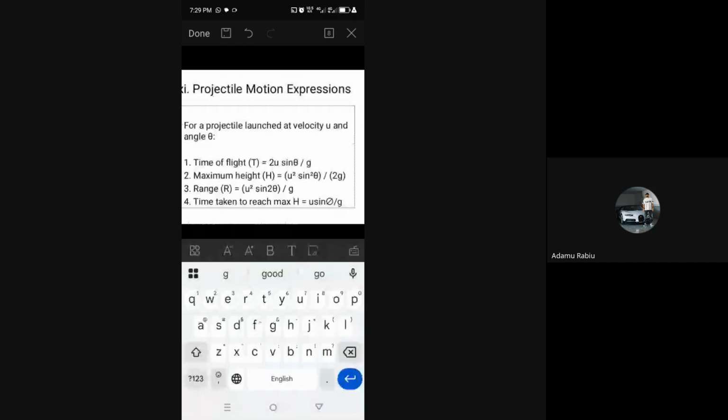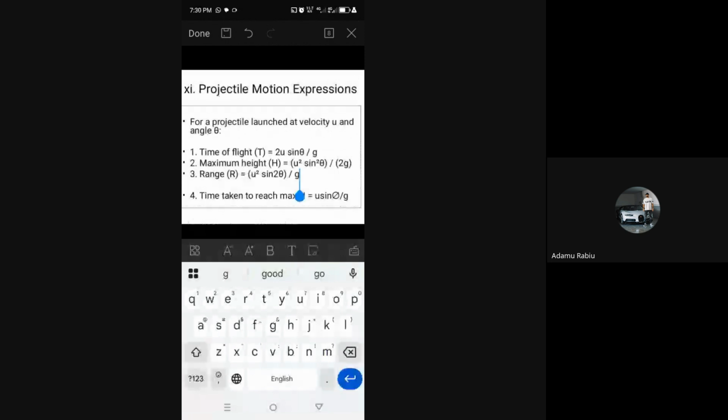And if the object is traveling at 45 degrees, your range will look like this. At 45 degrees, your range R will just be u square over g. It will no longer be u square sine 2 theta.